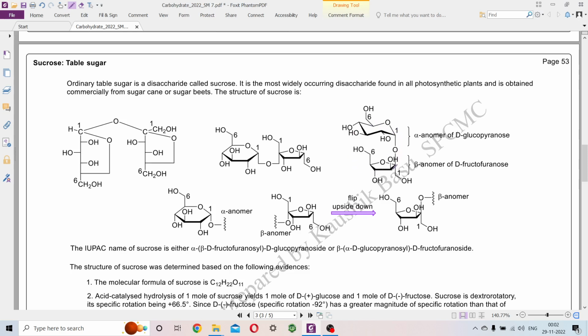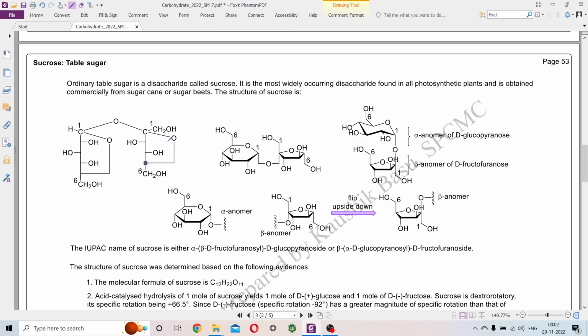But in general, the molecule is not drawn in this way, it is drawn in this way or in this way. From this you can understand that this is the glucopyranosyl and this is the alpha, and this is the fructofuranosyl and that is the beta, because your configurational carbon, the D/L configurational carbon, is on that side and your OH is on the opposite side.